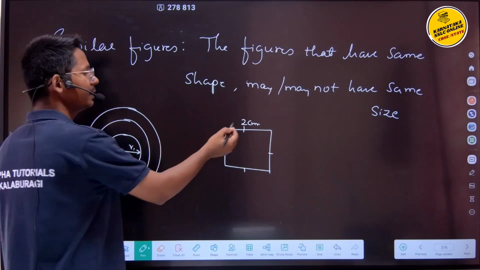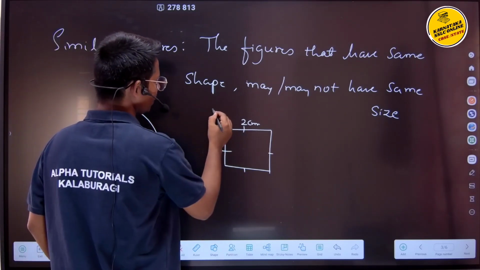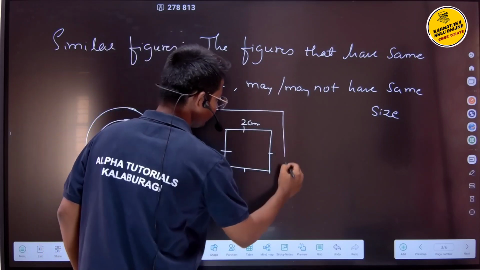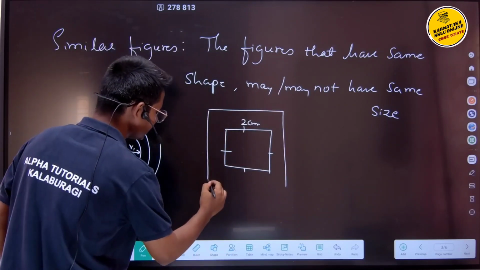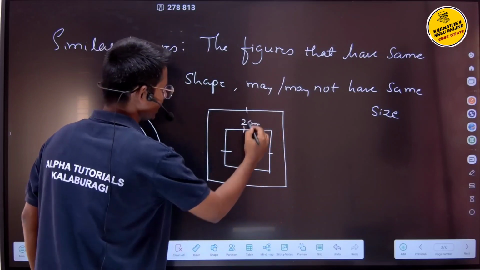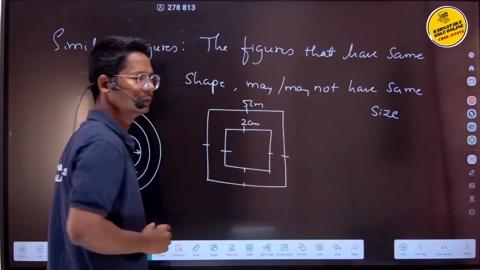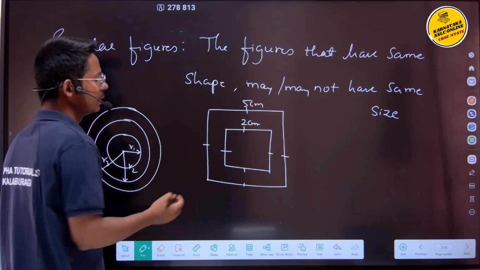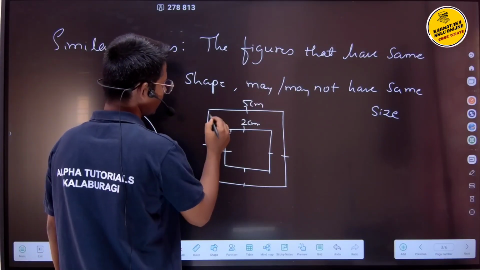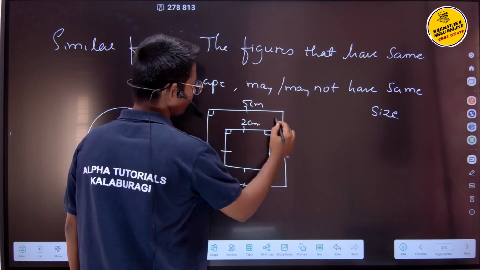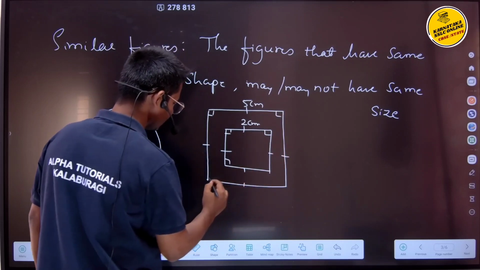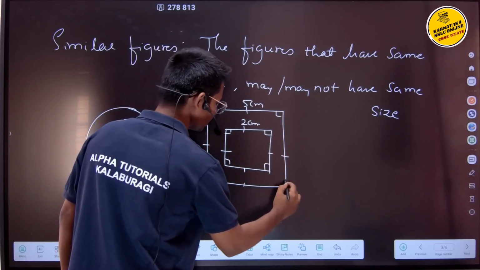I'll add 3 to all sides, so I get 5 centimeters. All sides become 5 centimeters. Again it is a square with 5 centimeters, and you can observe that the corresponding angles are the same, 90 degrees.